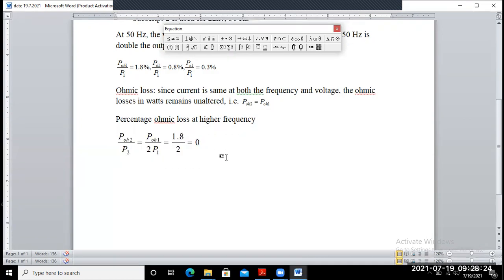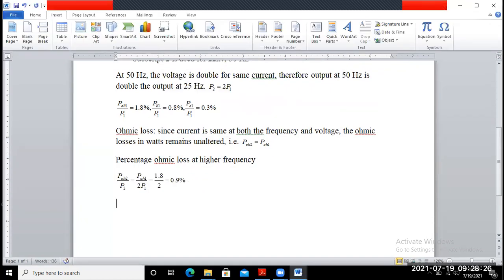Now, if we discuss the core losses: as we know, the core loss depends on the voltage. The voltage is related to frequency and maximum flux density by an expression.